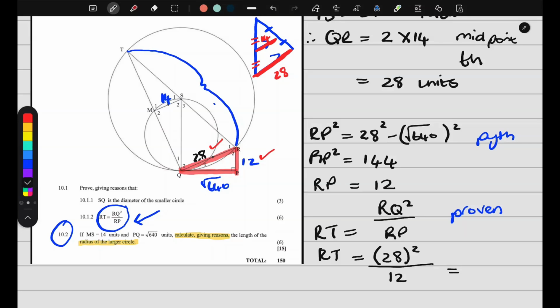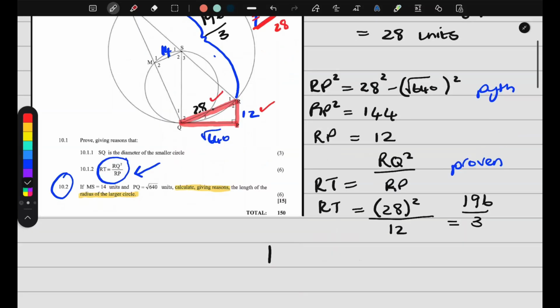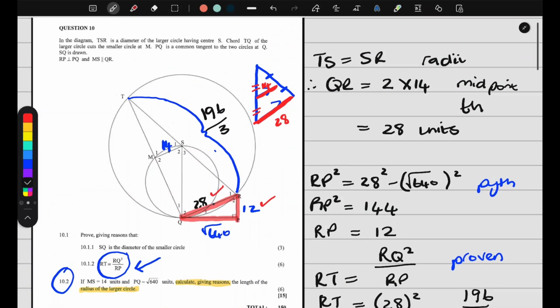And that answer is 196 over 3. That's for the whole diameter. So remember, that is this whole line. This whole line is 196 over 3. But I don't want the whole line. I want half of the line because that's the radius of the circle. I'm going to take the diameter and divide that by 2. And I get the radius to be 98 over 3 units. And that is the radius of the circle. And that's the geometry question of this paper, grade 12s.